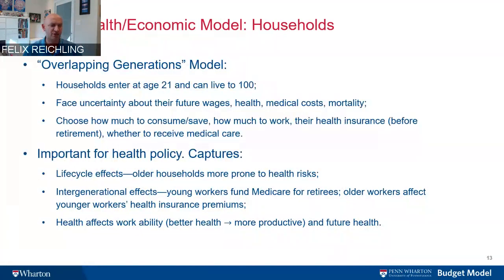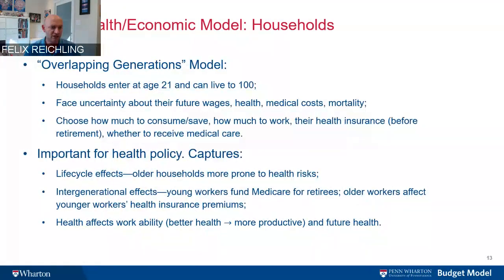But they face uncertainty about their future wages, their future health and medical costs, and their mortality. The way it's set up in the model is that if you are in worse health, then you're going to face higher medical costs, but also a higher mortality. So they all go together, and just like in the real world, we estimate all these from real world data.